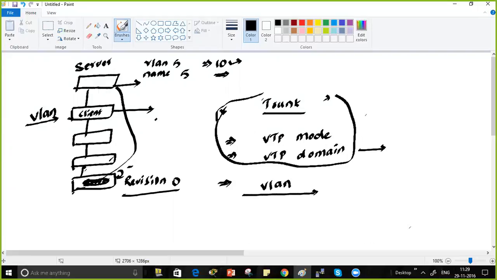If you configure VLAN information first, at that time the revision number is 0 only.